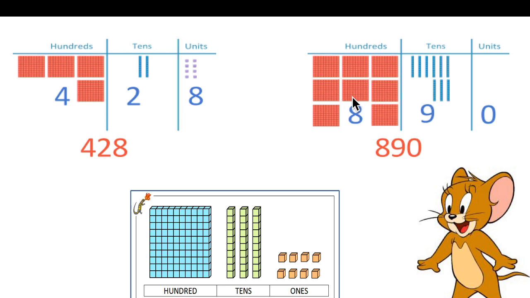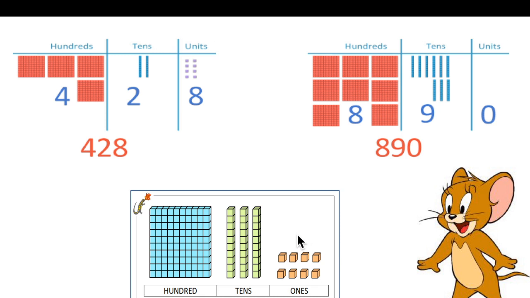We will write number 8 in hundreds column. What's the final number? 890. How do we read it? 890. Now your turn. Please don't forget, we start from ones.